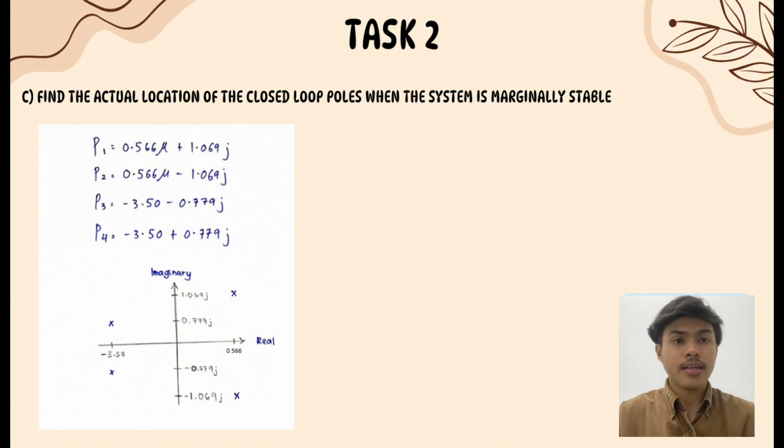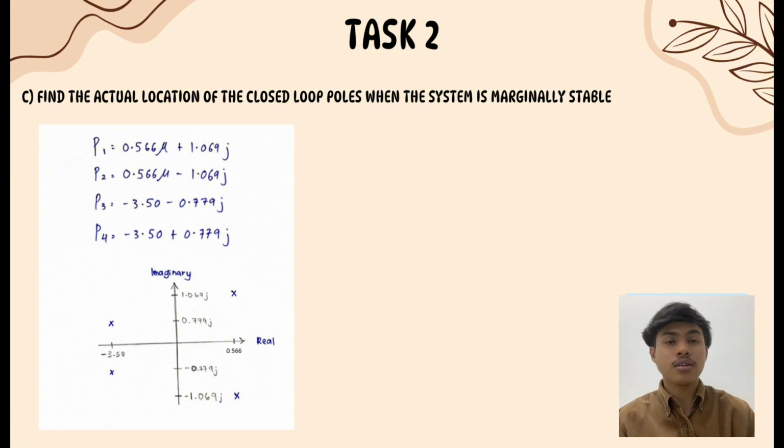After we get the 4 poles, we can plot a graph. For the graph, the x-axis represents the real part of the poles, and the y-axis represents the imaginary part of the poles. The points are plotted based on the real and imaginary components of the poles.